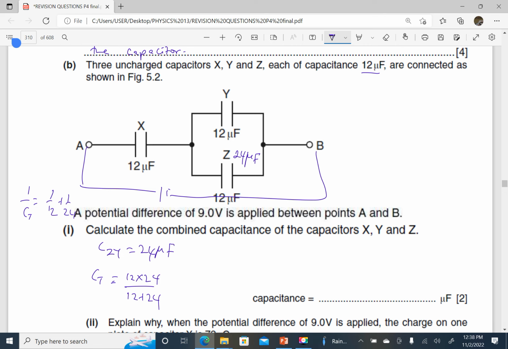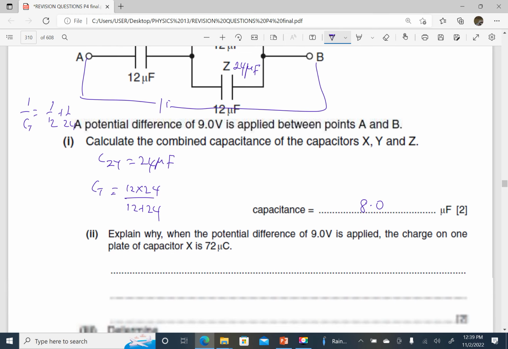From my calculator, this gives me 8.0 microfarads. Let me repeat, 12 times 24 divided by 36 is 8. So that is 8.0.